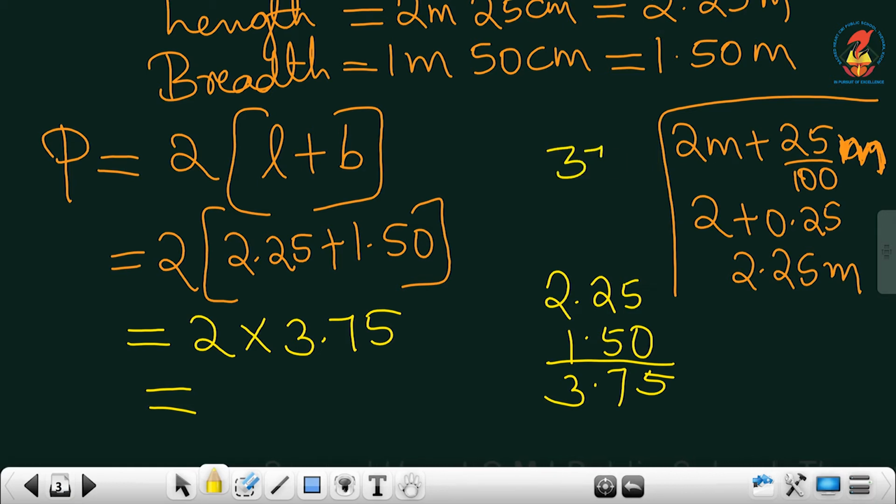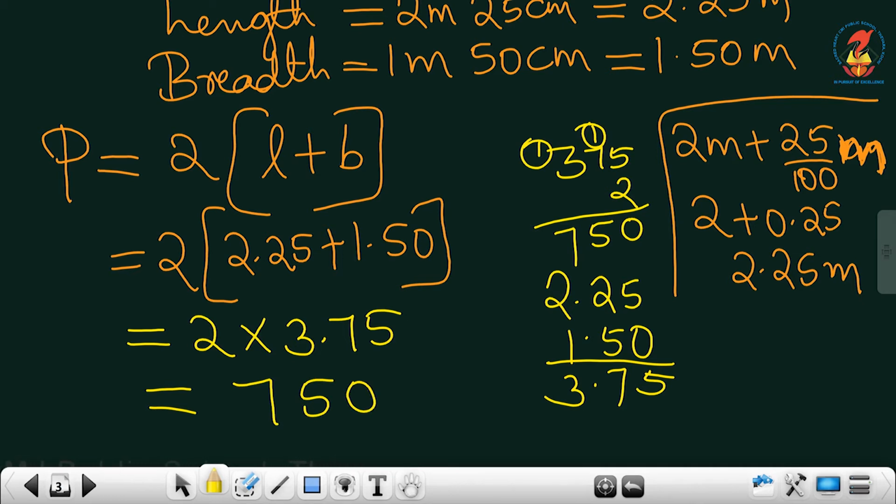So, without taking the decimal point, you do the multiplication. 5 2s are 10, carry over 1, 14, 15, 1, 7. So what is the answer we got? 750. Now it's a decimal multiplication. How many digits are there in the decimal place? 2 digits. That means you have to put the decimal point after 2 digits from the right side.